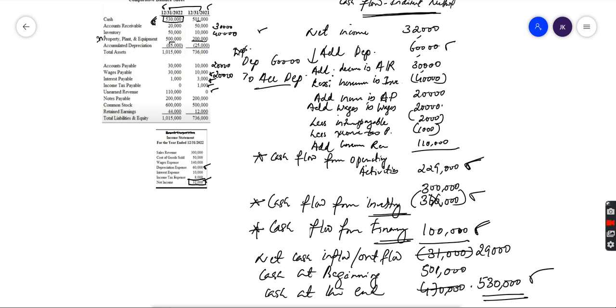The only difference is in the operating section, wherein in the direct method you don't calculate from the net income. You will directly see what is the cash collected from customers, what is the cash paid to suppliers, what is the cash paid to employees, what is the cash paid for other expenses, and that's how you reach the operating activities cash. But the figure will be the same. Okay, you will reach the same figures.